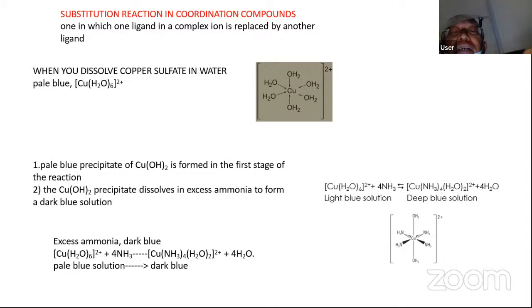With excess ammonia, you don't see it, meaning the precipitate is formed very quickly and it dissolves very quickly. So you can then write the equation of the substitution reaction. You can look at the right hand side, those are the reactions. So this is SN2, okay? During the old days, this was SN2 research.